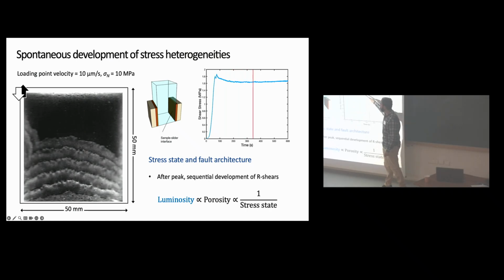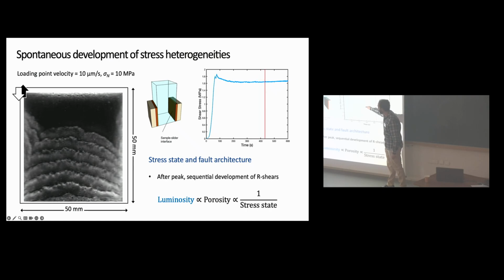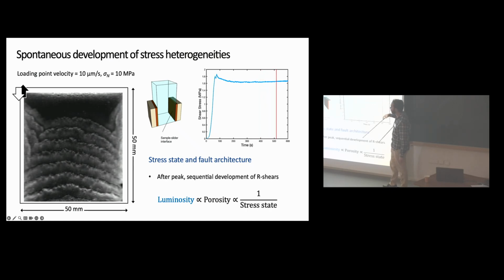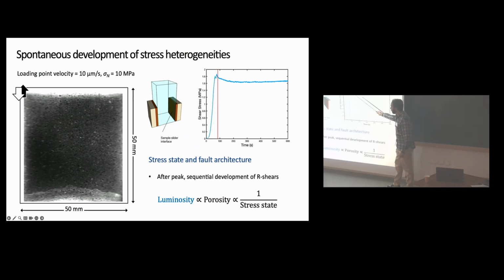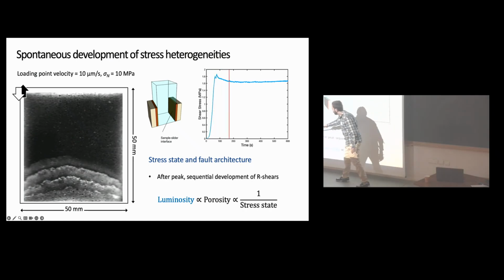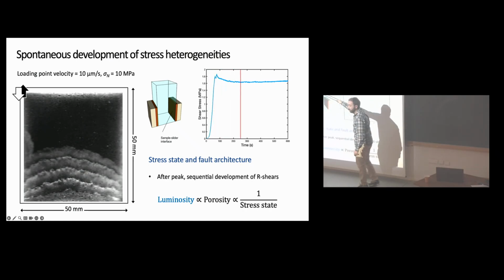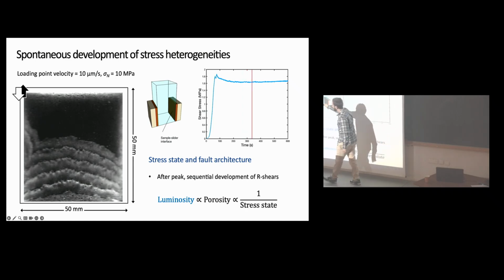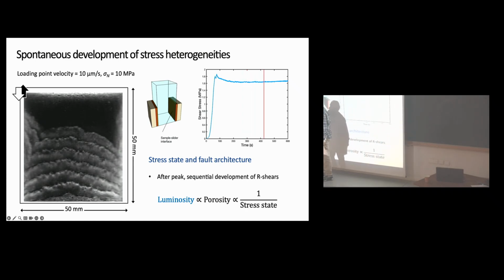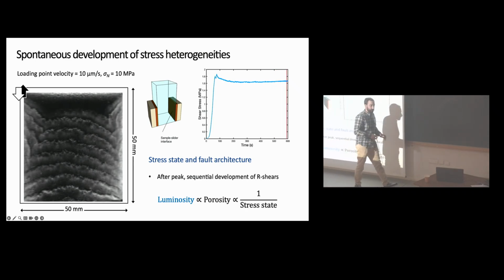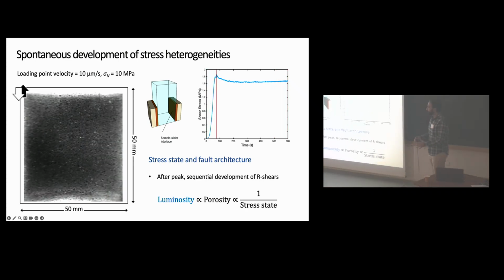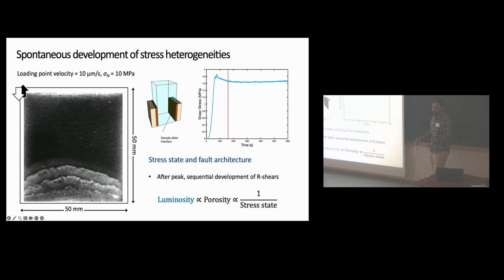This is the running phase, so we are seeing the fault at 10 micron per second, and we see in real time, this red line is synchronized. We see how they are evolving. We can see also that the stress is changing, and this upper region seems to be always loaded. Maybe because it's also a matter of geometries.